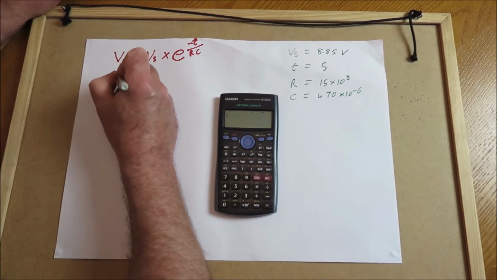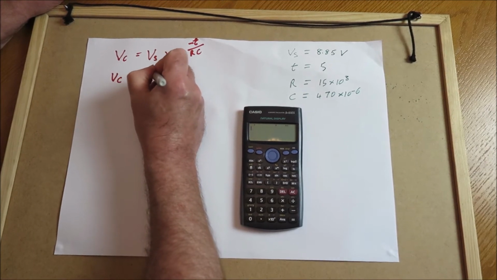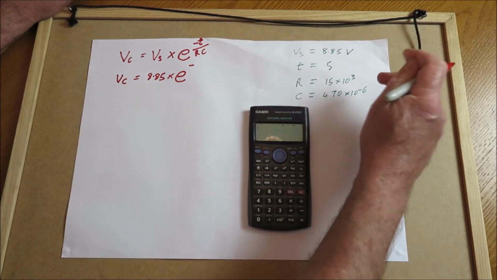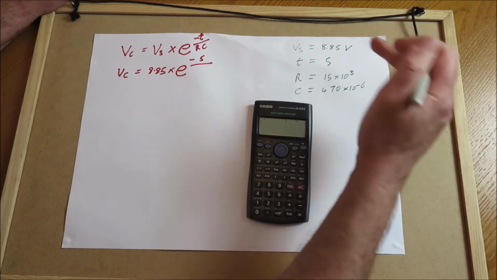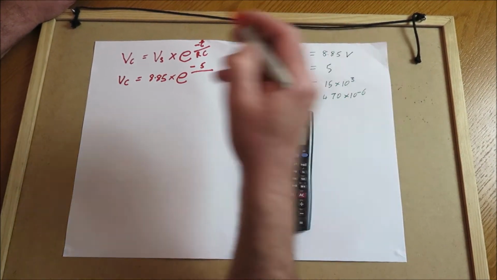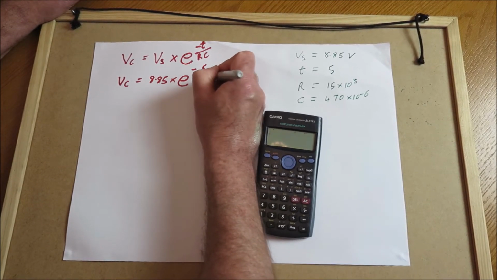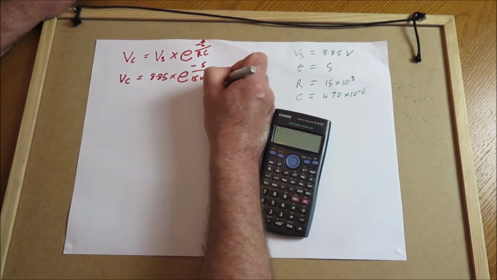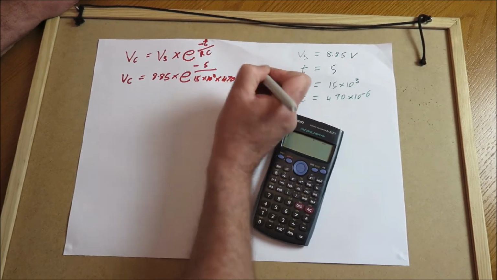So the voltage on the capacitor is going to equal V supply, so that's 8.85, multiplied by E to the minus 5, because it's 5 seconds, over RC, which is our time constant of the circuit, the value of the resistor and the capacitor. So that's 15 times 10 to the power 3 multiplied by 470 times 10 to the power minus 6.